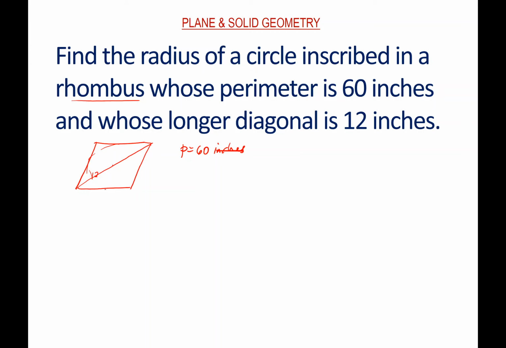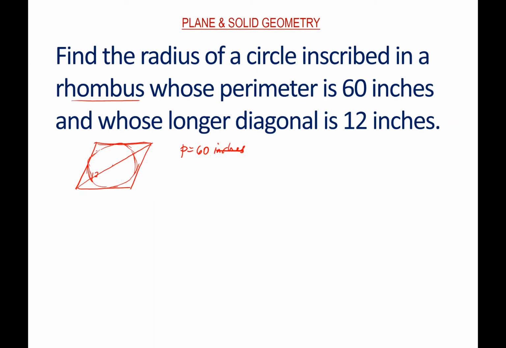Sorry, maybe we cannot draw a perfect circle here, but for sure, if you say inscribed, there's a tangent point of the side of the rhombus tangent to the circle, and then another one there.